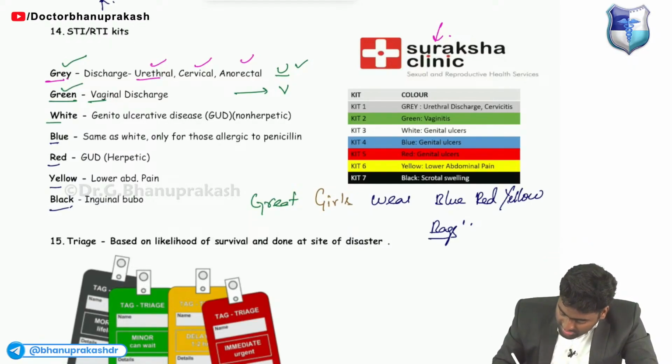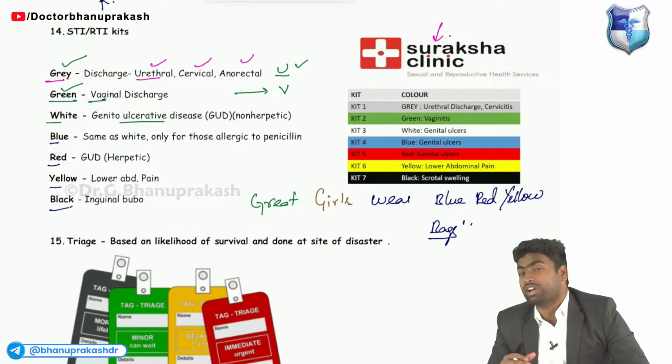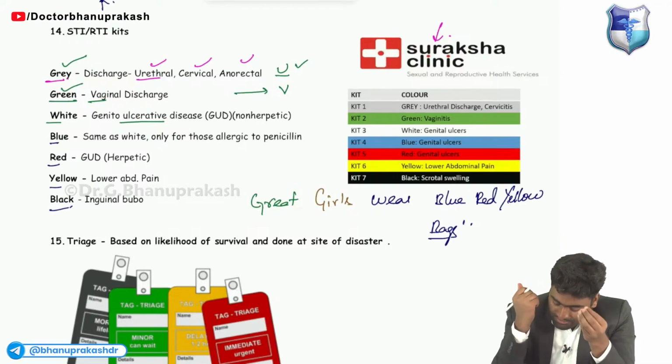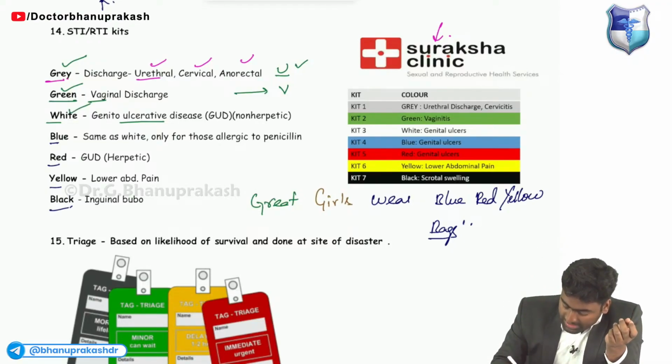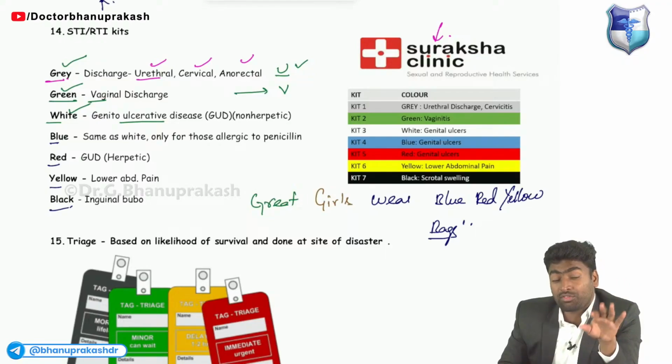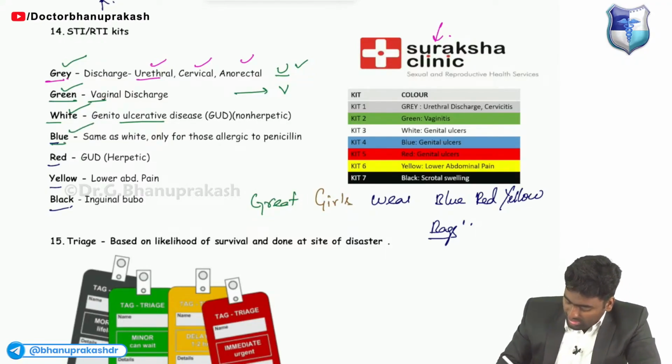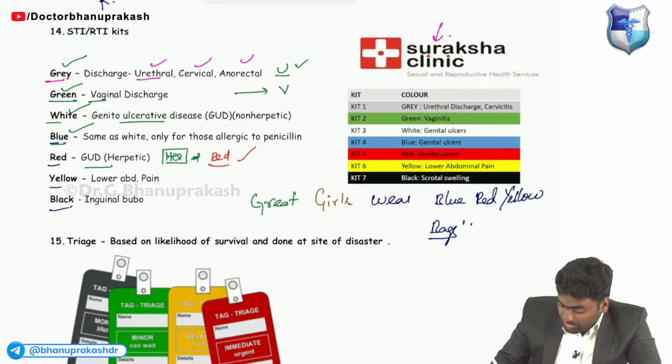Then for genital ulcer disease which is non-herpetic, meaning it is because of bacteria and it's sensitive to penicillin, you will use the white kit. Whereas if the organism is non-sensitive to penicillin, then we'll use blue color. If there is any herpetic ulcer, we'll use the red color kit.